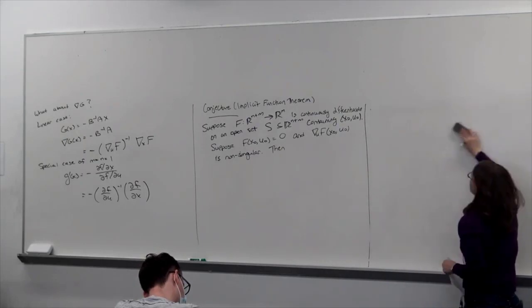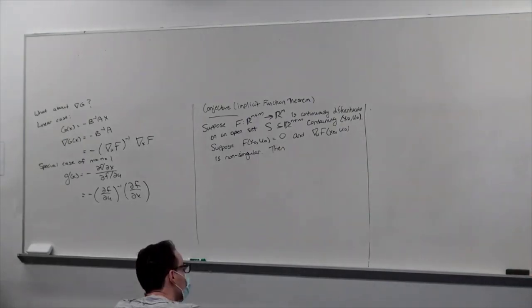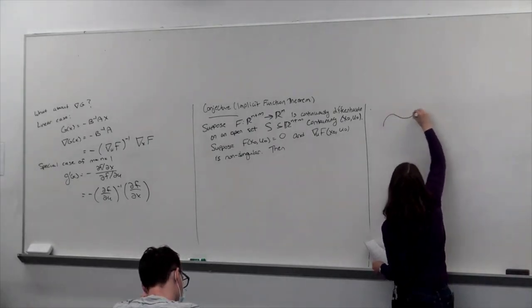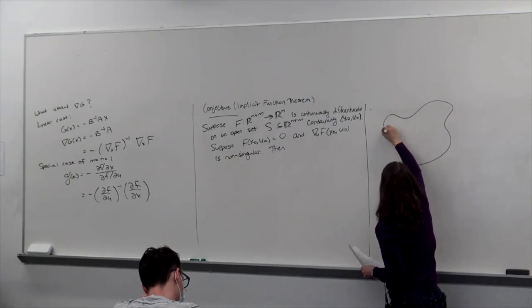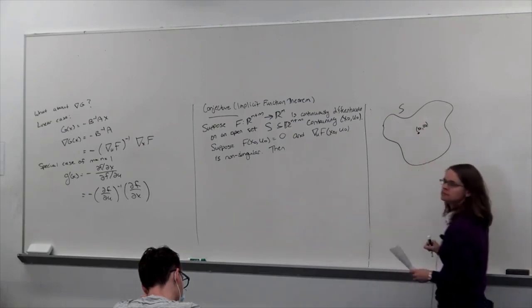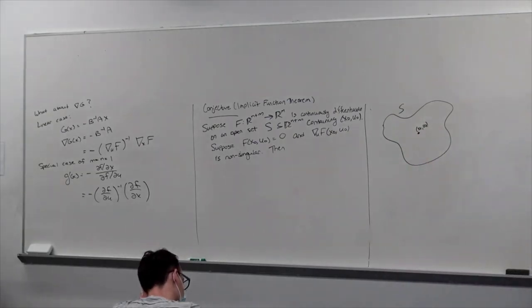Okay, let me put a picture beside this as we're talking about what we're going to conclude. So far, what do we have? We have this set S, and we have our reference point. Now, what do we expect?